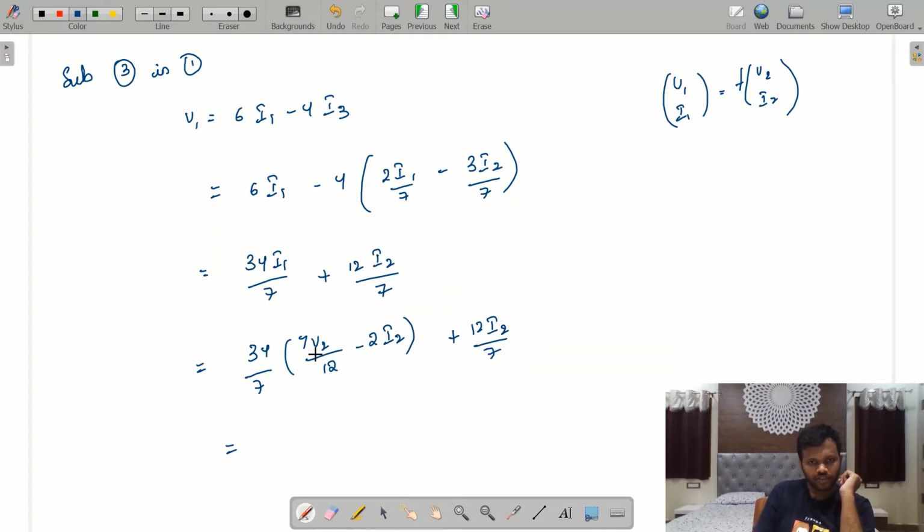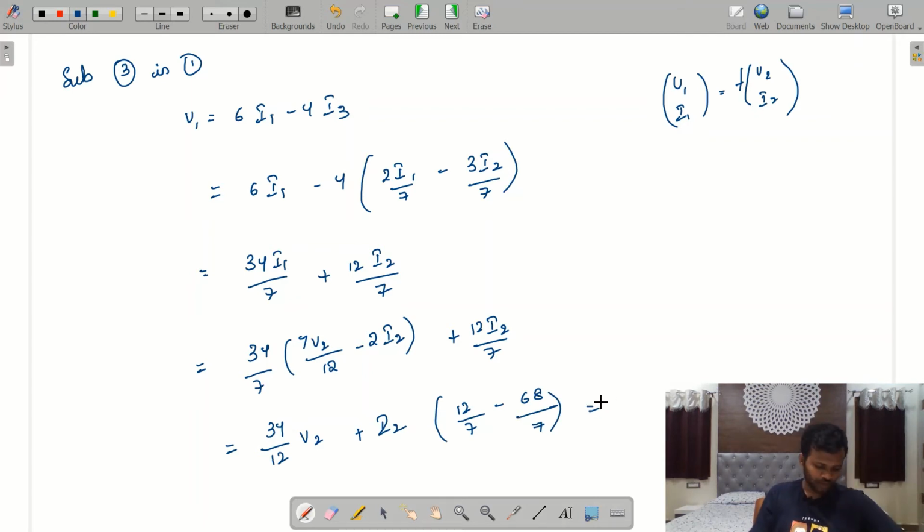Okay, so the 7s cancel, 34 by 12 V2. If you take I2 as common, 12 by 7 minus 68 by 7, so this will be 17 by 6 V2 minus 12 minus 68 minus 56 divided by 7, it will be minus 8 I2.